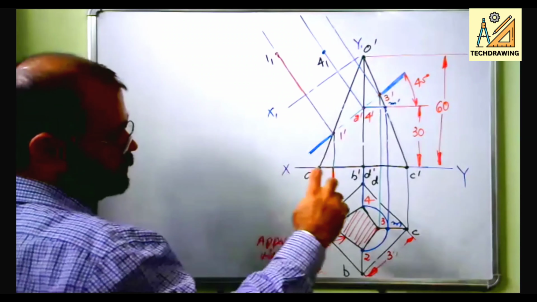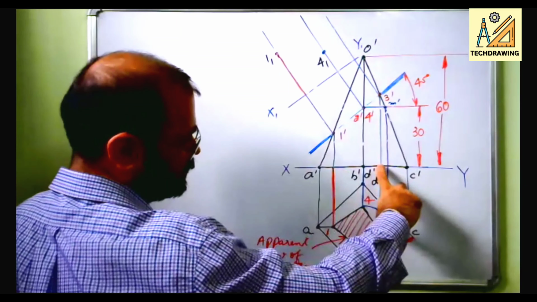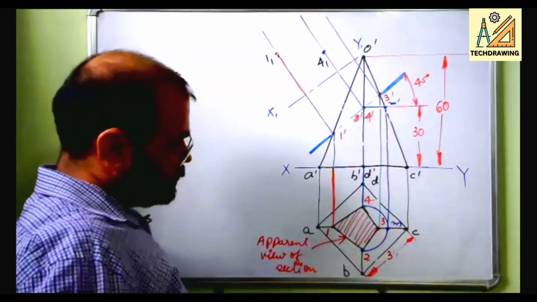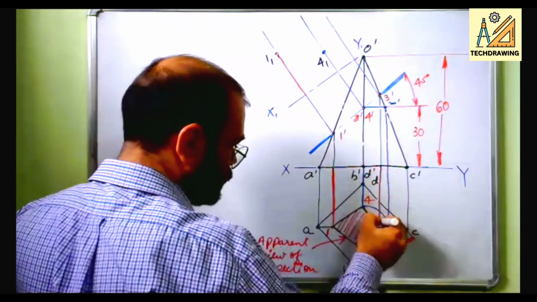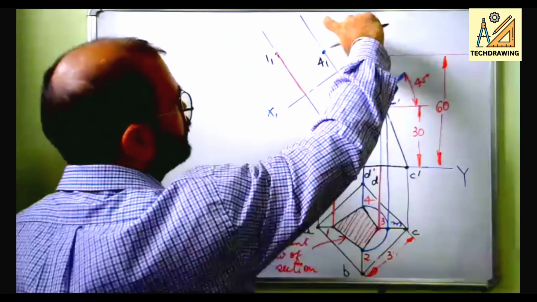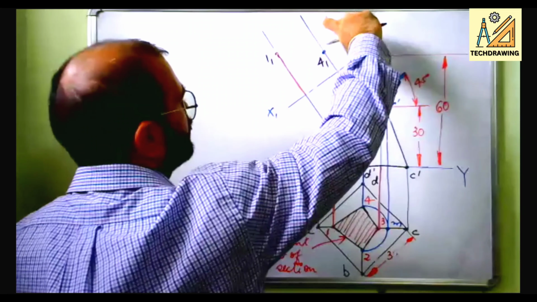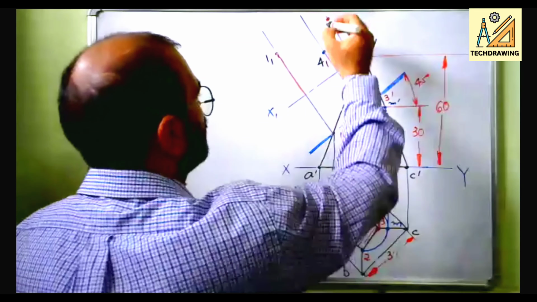Now the distance for 3 will be equal to that for 1. It will be equal to 1. So the same distance, let us say it comes out to be here. It is like this. So this is 3 1.